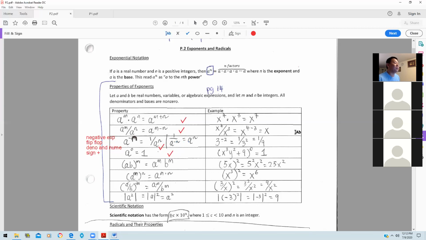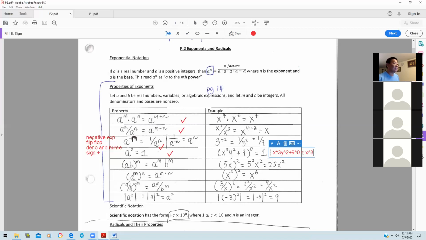So what happens if there are no parentheses in this case? You have x to the power of 3, y to the power of 2, plus 9 to the power of 0. Let's say the parentheses is no longer there and you just put a 0 next to this 9. Just the 9 and the 0 will become 1. So your answer in this case is not 1 like what we have there.